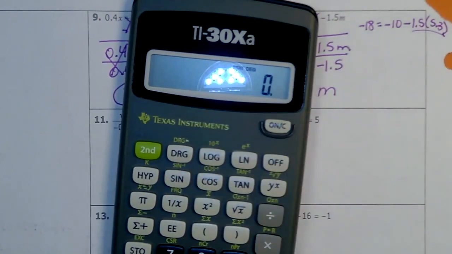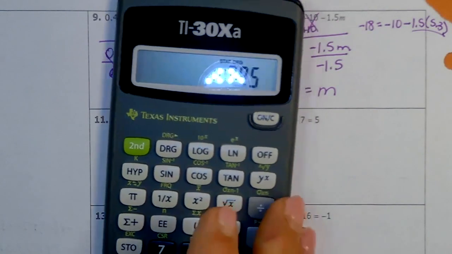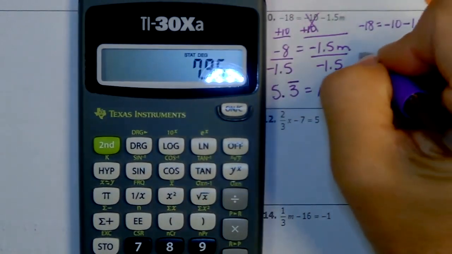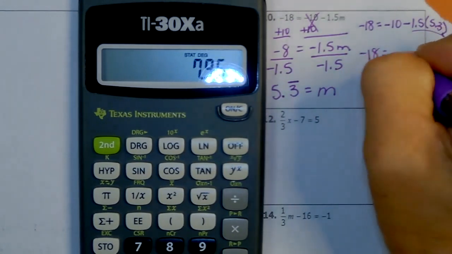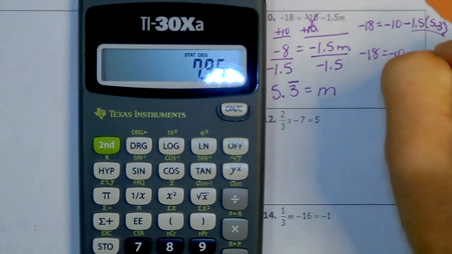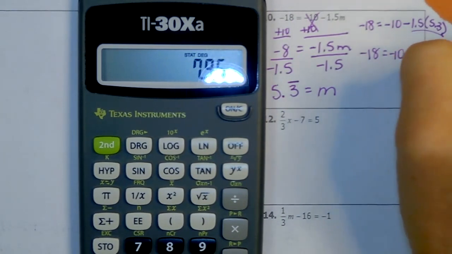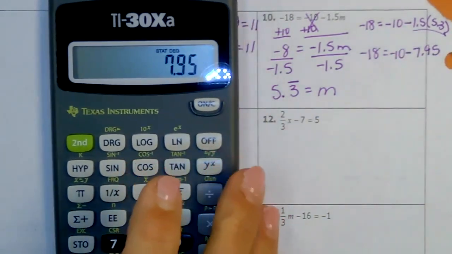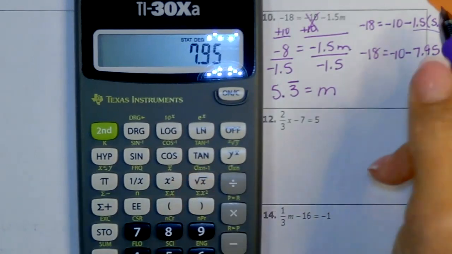Negative 1.5 times 5.3 is negative 7.95.